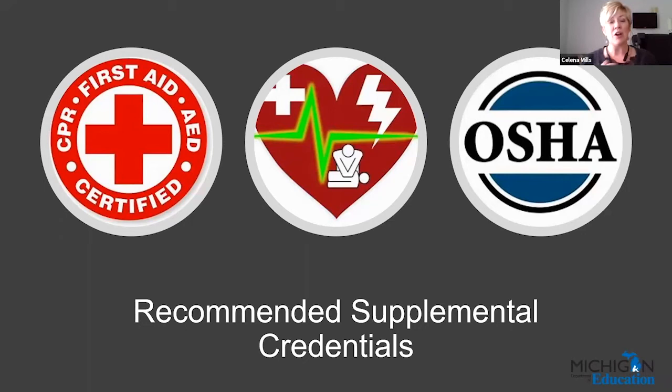So things like OSHA certification, CPR, first aid, and AED, and even some employability credentials are heavily utilized by employers. And so we don't want you to think that they aren't important just because they don't meet that quality indicator for PERKINS 5, because they are.